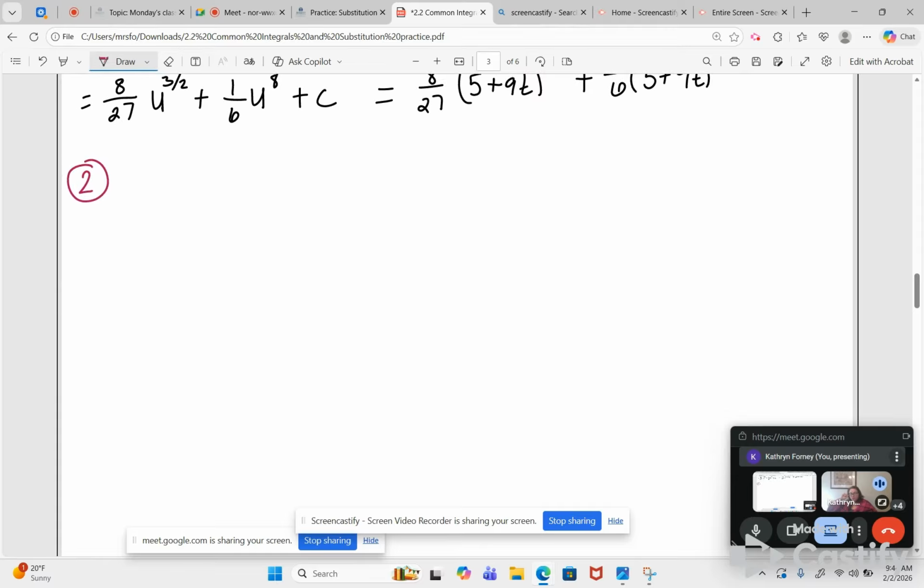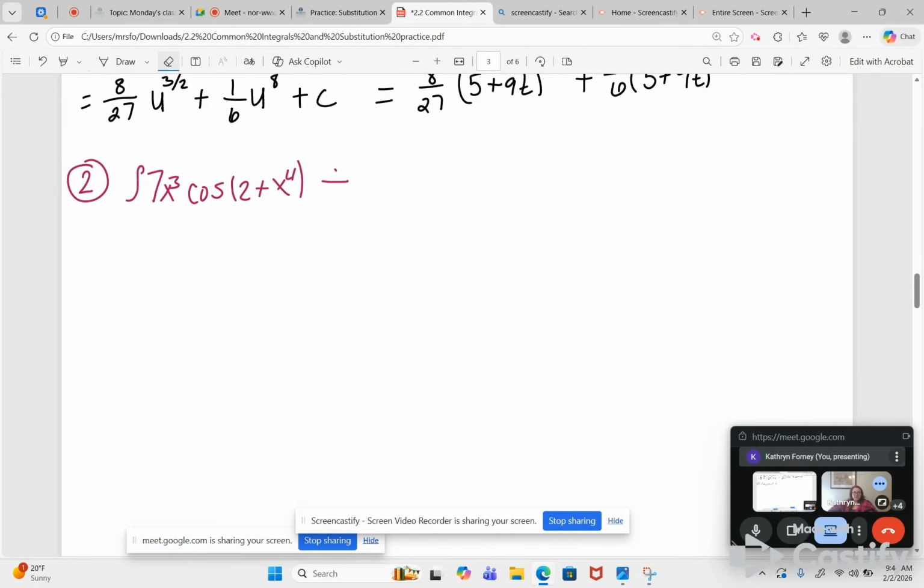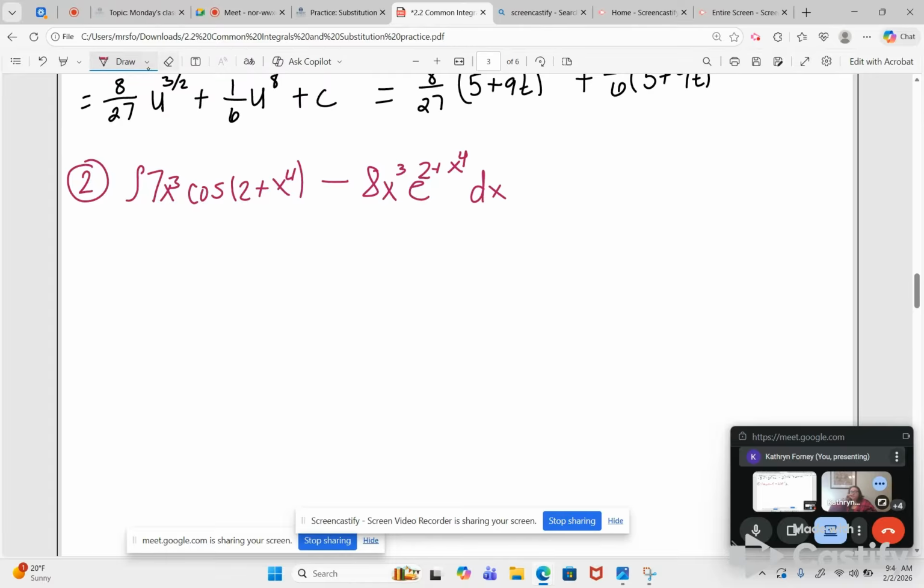And number 2 is like having a couple problems in one as well because we have addition. So 7x cubed times cosine of 2 plus x to the 4th minus, I was about to make a plus, but minus 8x cubed e to the 2 plus x to the 4th dx.